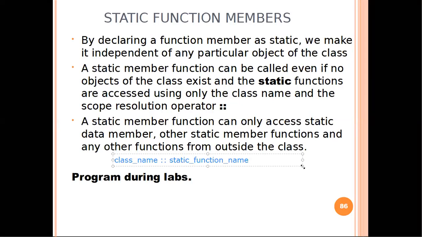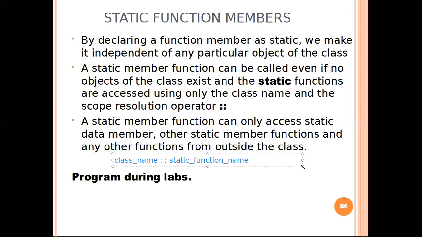A static member function can only access static data members, other static member functions, and any other functions from outside of the class. So what values are we using inside this static member function? Inside it, we only access the static data members. We do not access the remaining local variables or global variables.